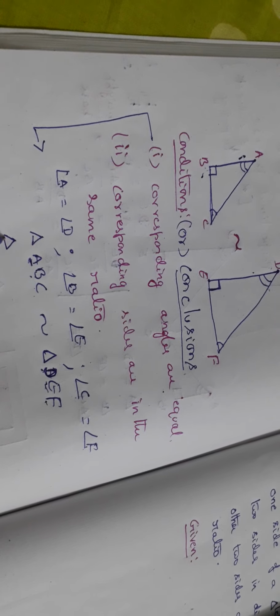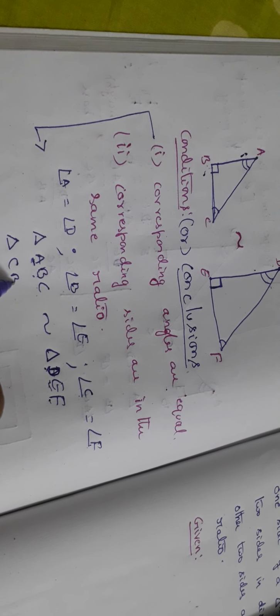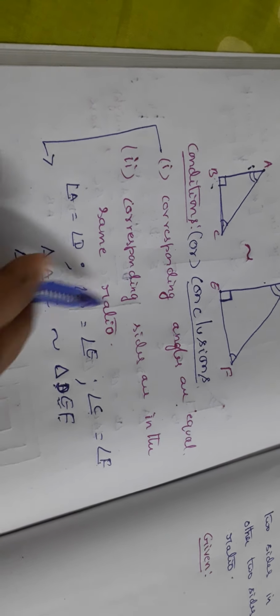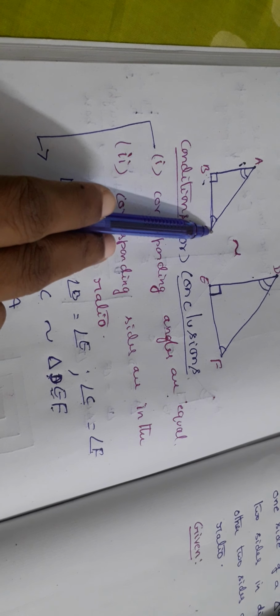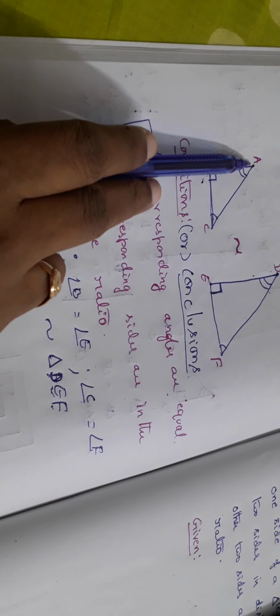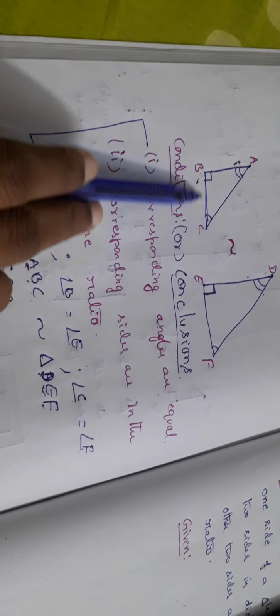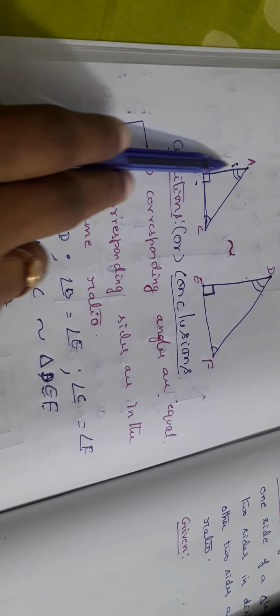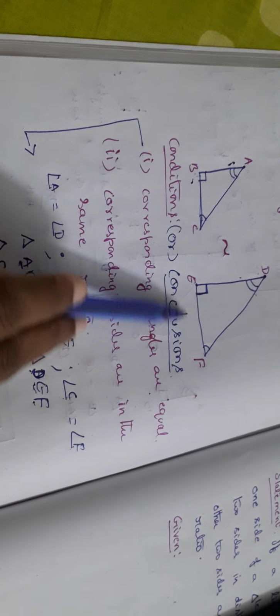Suppose I say triangle CBA. Now I started reading my triangle from here, CBA, so I am going in this order. Then you are supposed to go in this order only: FED.